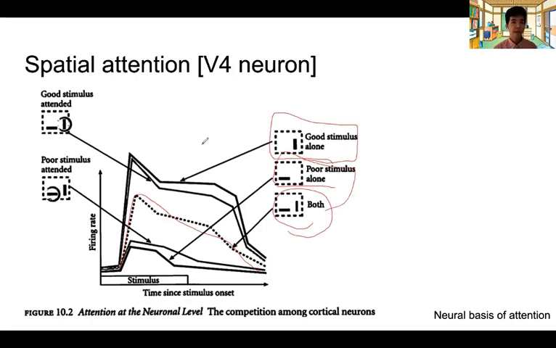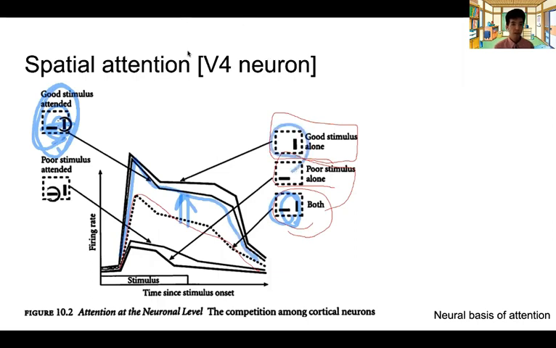On the other hand, when the preferred stimulus is attended, then in this both-stimulus situation, the stimulus itself is the same, but now the response of the neurons is almost the same as when the good stimulus was presented alone.